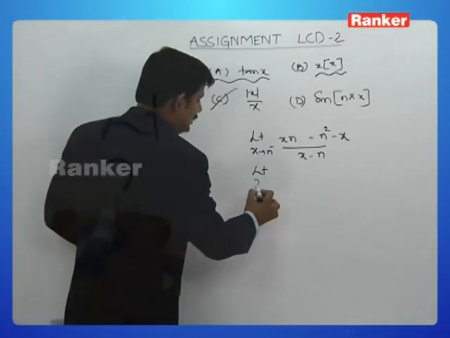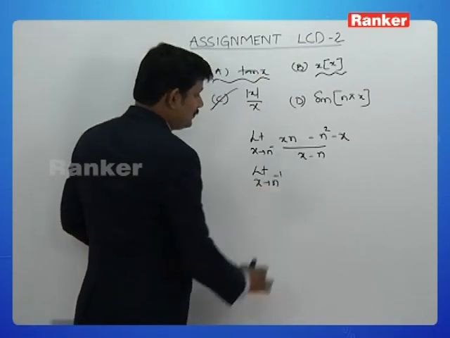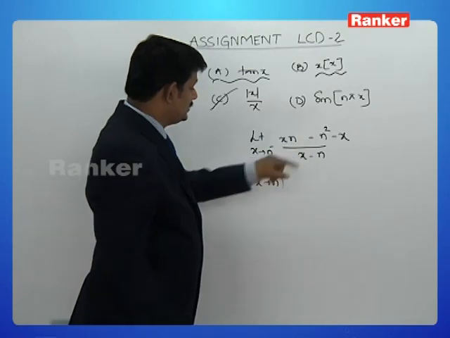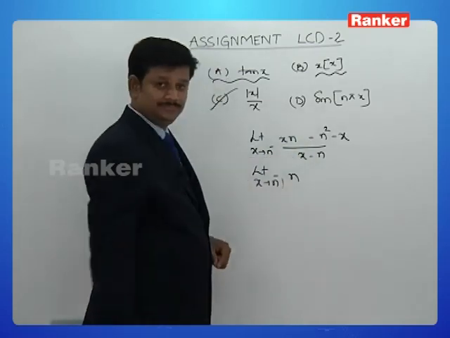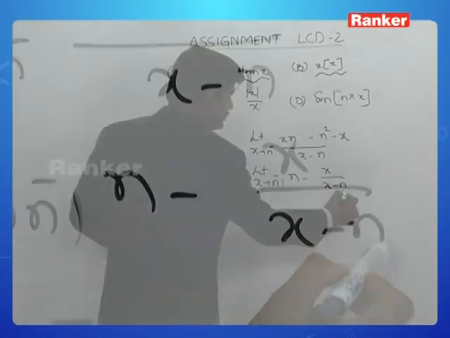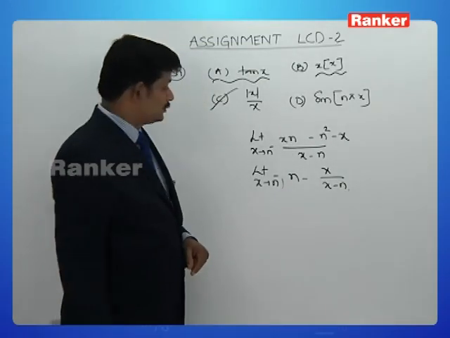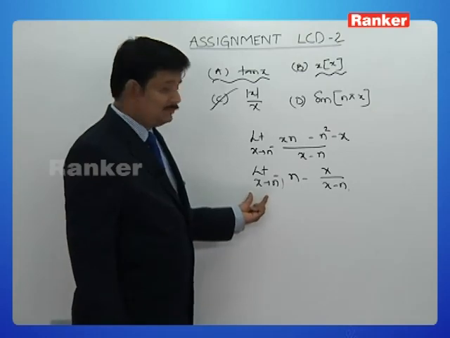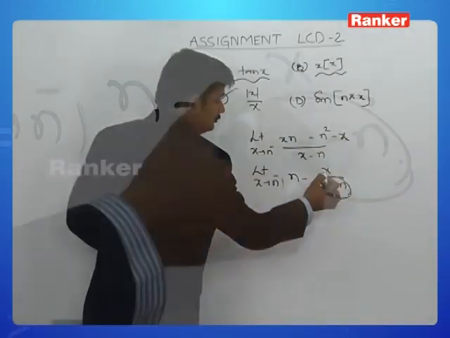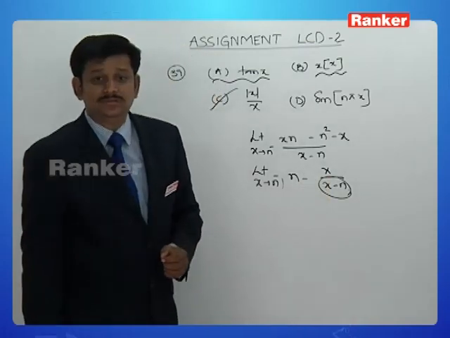This limit is limit x tending to n minus, x minus n gets cancelled, we are left with n minus x by x minus n, x by x minus n. As x tends to n, x minus n tends to 0 and numerator is non-zero.